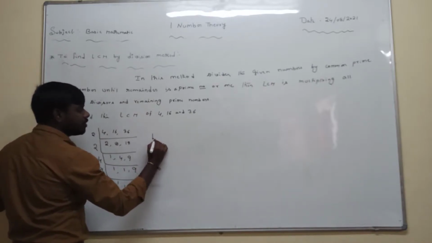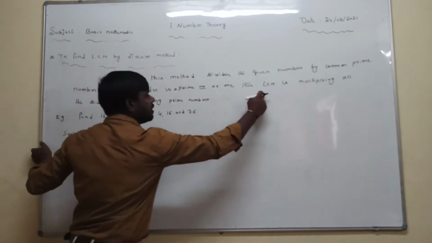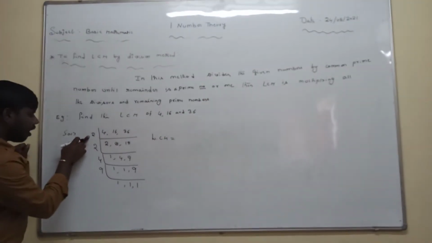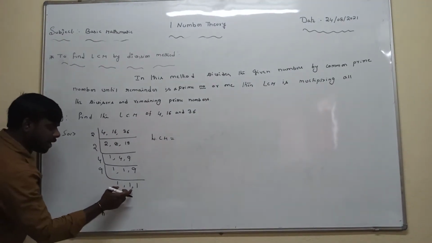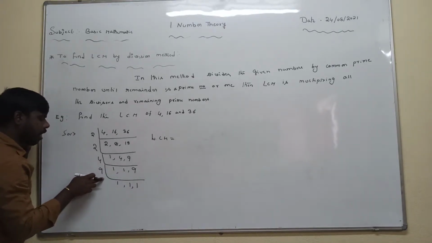Then LCM is multiplying all the divisors and remaining prime numbers. Here the only remaining prime number is 1. So take the product of all the divisors.